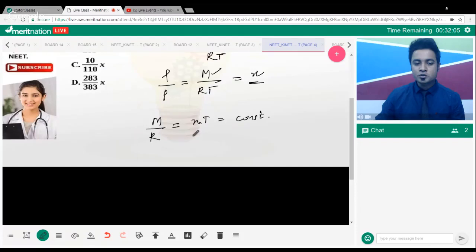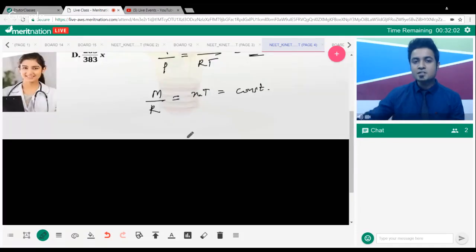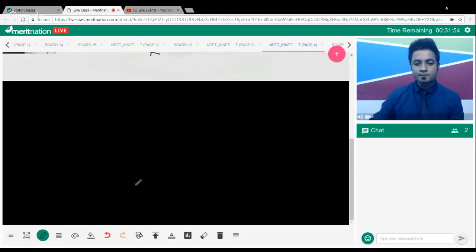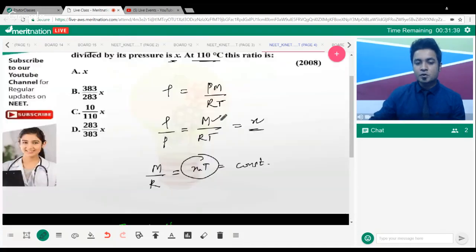So X into T at 10 degrees Celsius has to be equal to X dash into T at what temperature?